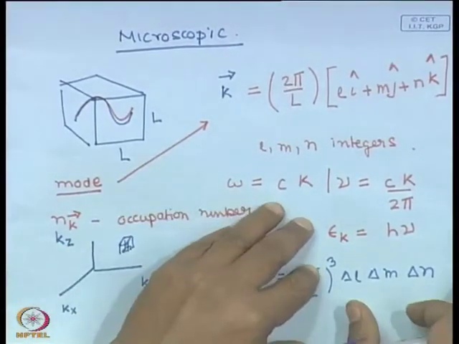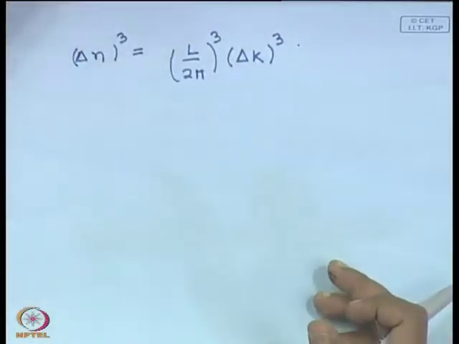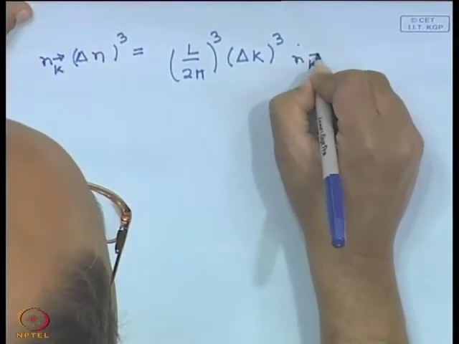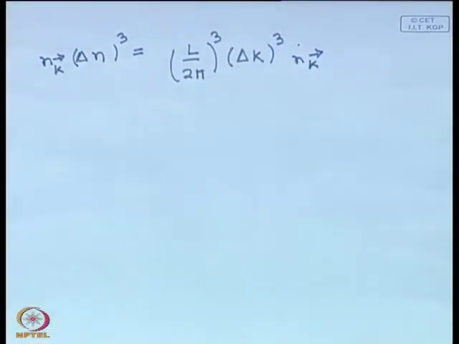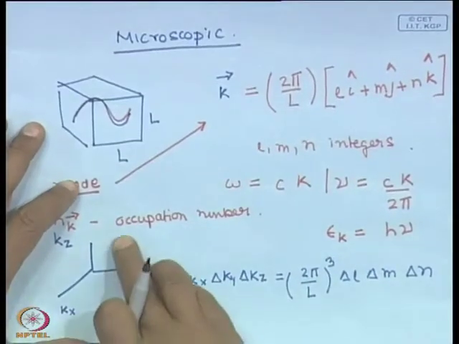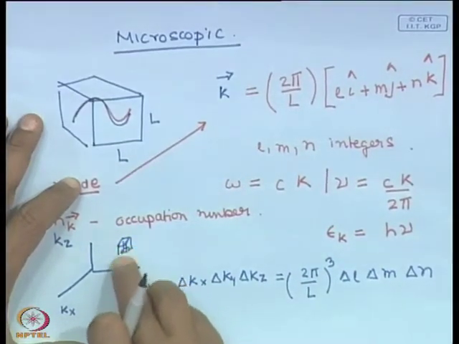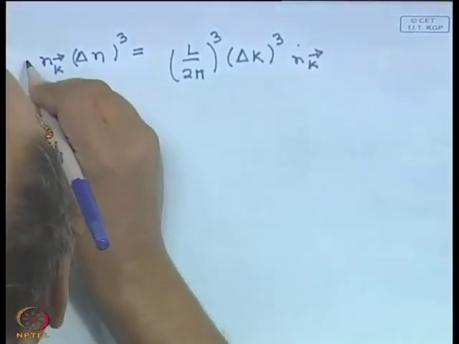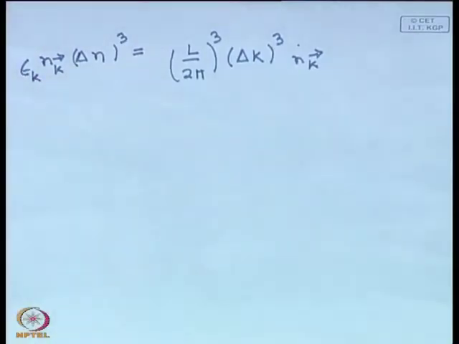Okay. So, what I have to do is multiply this with the occupation number of the modes that are there in that volume. And if I want to calculate the total energy of the photons in the modes that are there in this volume of d cube k, then I have to multiply it with another factor of epsilon k, the energy of each photon, right.